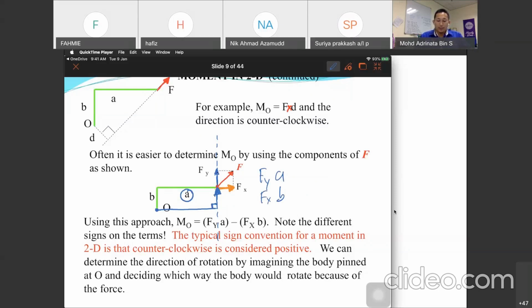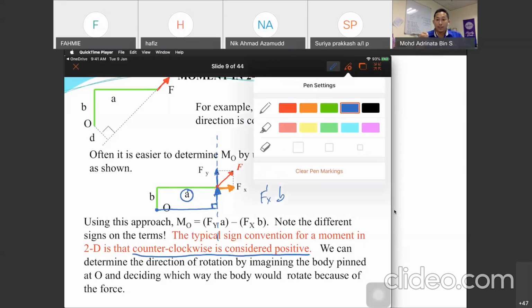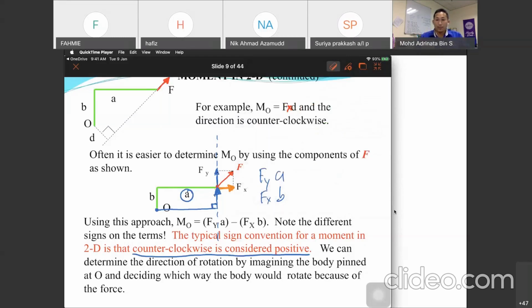Using this approach, note the different signs on the terms. The typical sign convention for a moment in 2D is that counterclockwise is considered positive. You can have clockwise as positive, depending on the question, but normally we have counterclockwise as positive.